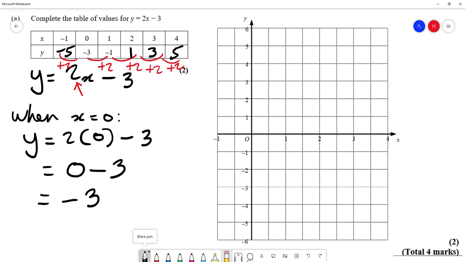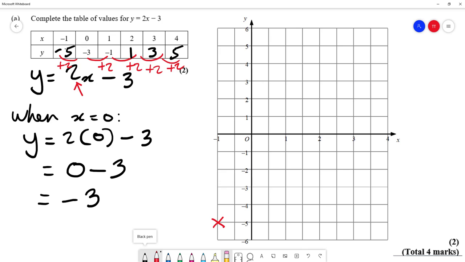So now that you've got that, we can plot the values onto our graph. We go along to x equals -1, so we go across to -1 and we come down to -5. So we plot a nice cross for our coordinate.